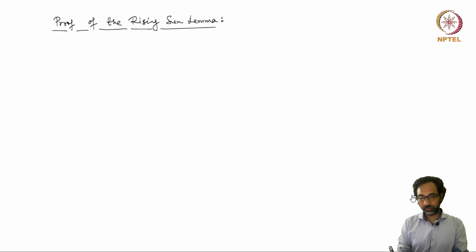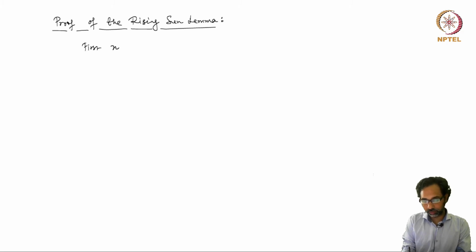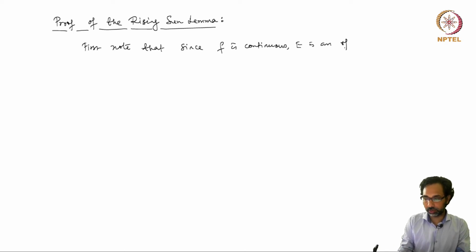So to start the proof of the Rising Sun Lemma, first note that since f is a continuous function, E is an open set.